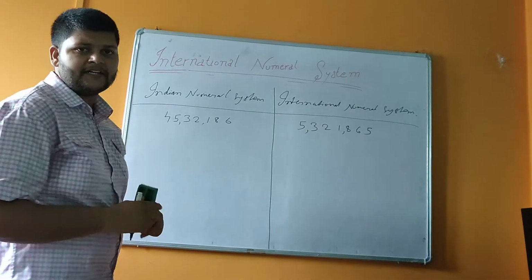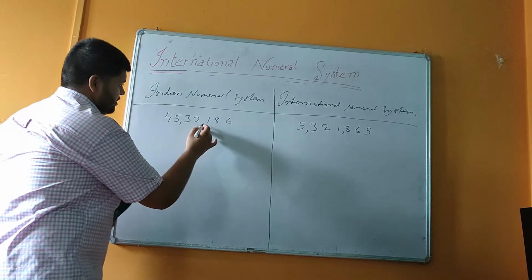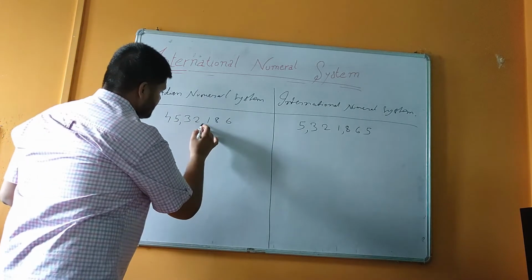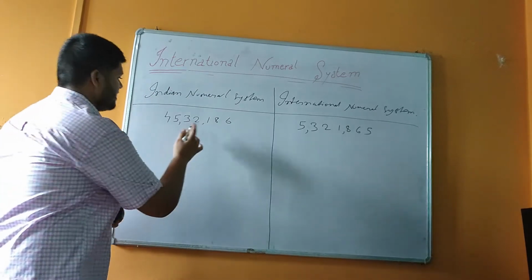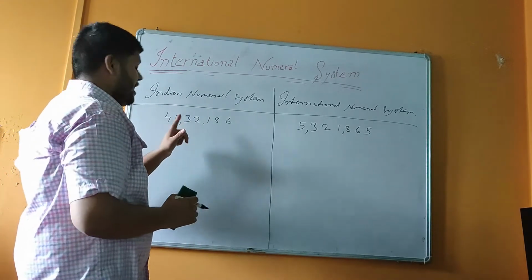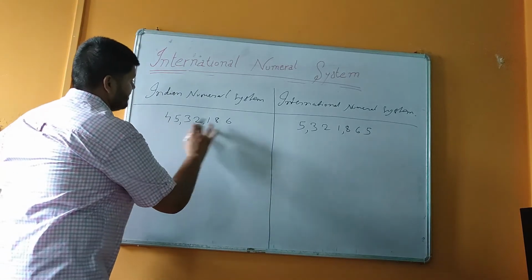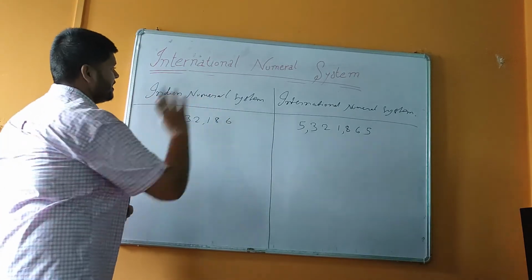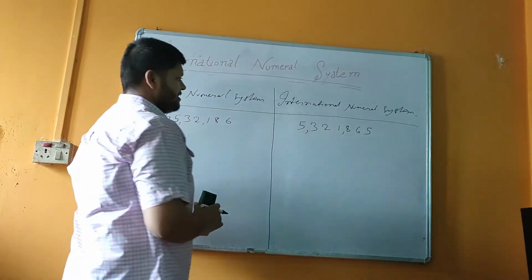Of course the numbers are different, but you have to see this comma separation. If the first 3 digits are separated by a comma and the rest of the digits are separated after every 2 digits by a comma, then you will tell that this number is Indian numeral system. And this number is international numeral system.